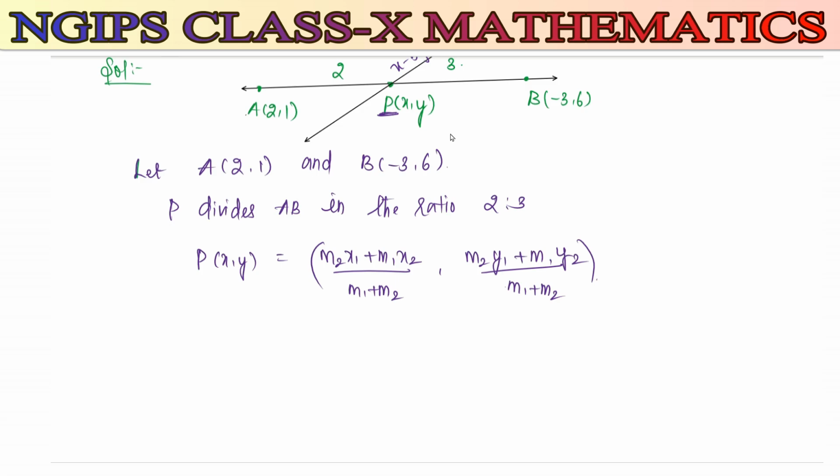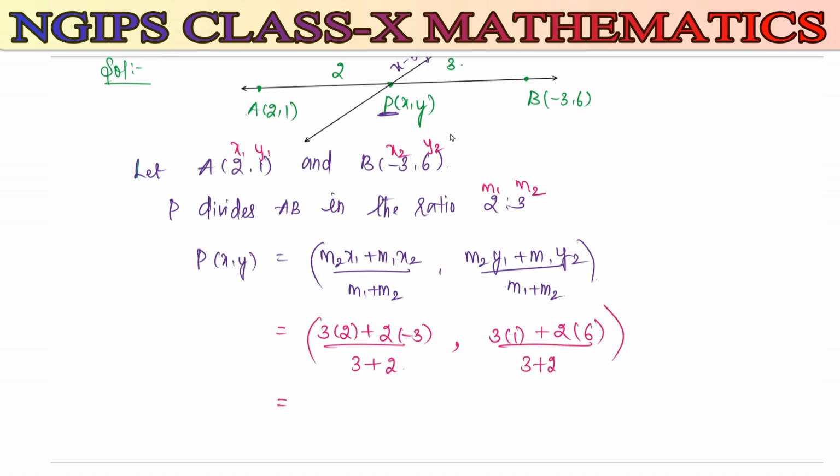We know this is x1 y1 and this is x2 y2. Here this is m1 and this value is m2. M2 value is 3, x1 value is 2, plus m1 value 2, x2 value minus 3, divided by 3 plus 2, comma m2 value 3, y1 value 1, plus m1 value 2, y2 value 6, divided by 3 plus 2.